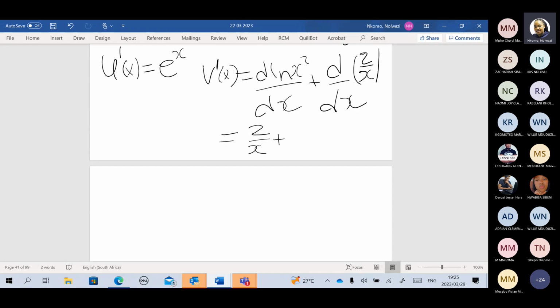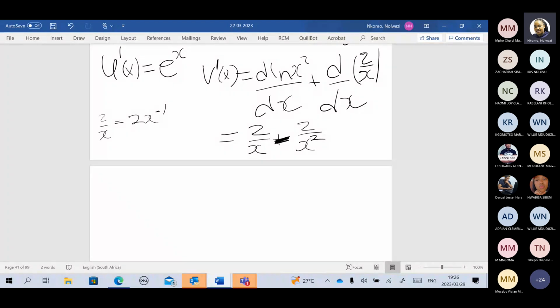Remember, we can write 2 over x as 2x to the power minus 1, then you can use the power rule. You should get minus 2 over x squared.